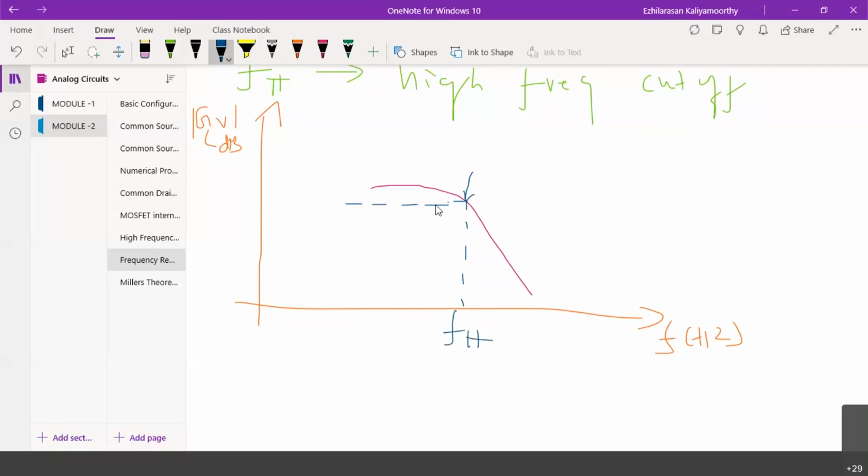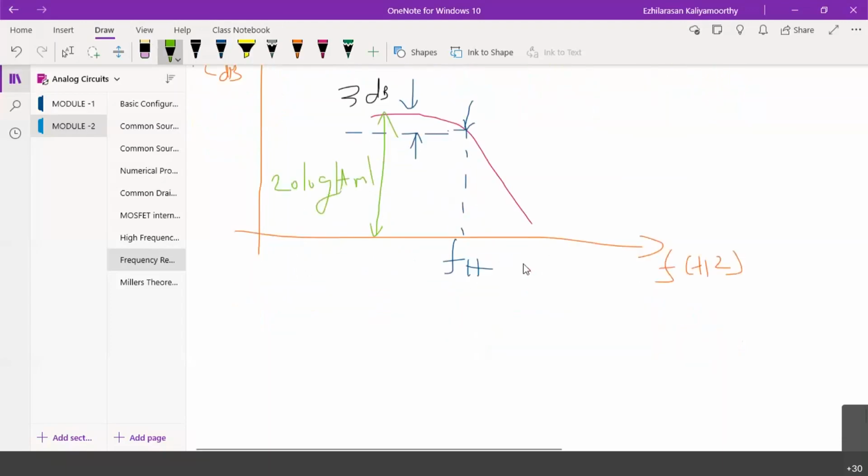Actually, it is supposed to be linear, but it's not linear here. From here to here is minus 3 dB. Then this one is the center, right? This portion is nothing but 20 log AM, that is the mid band. This is the frequency response of the common source amplifier.